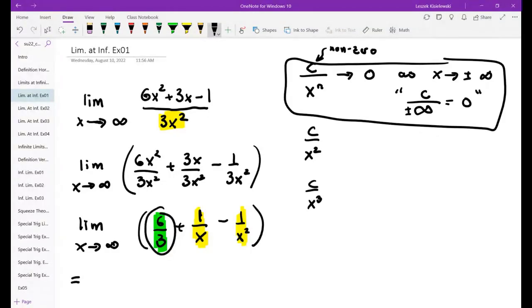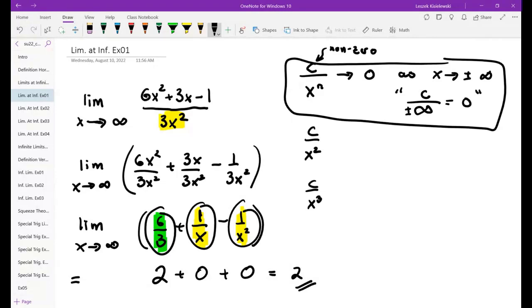We're just going to get the limit of the constant as itself, but the limit of the terms that have an x in the denominator is 0, because x is going to infinity. So here we see that the limit is 2. The idea is to rewrite everything so we have either constants or a constant divided by some positive power of x, so it's easy to evaluate the limit as x goes to plus or minus infinity.